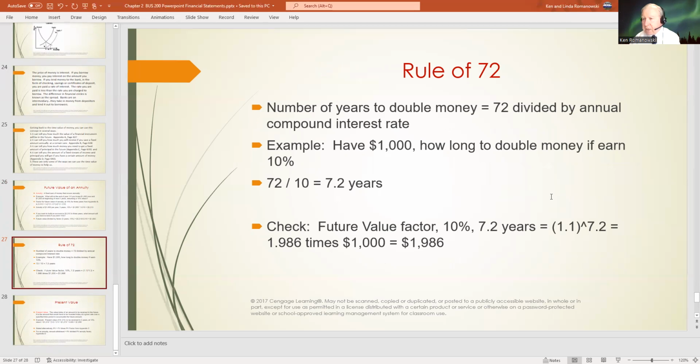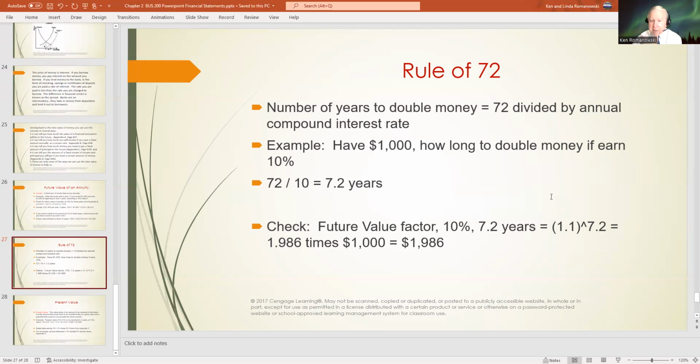So using the $1,000 we were talking about before, and interest rates were 10%, divide 10 into 72, and you'll see that your money will double in 7.2 years. So if I put $1,000 in and the interest rate is 10%, that 1,000 will become 2,000 in 7.2 years.